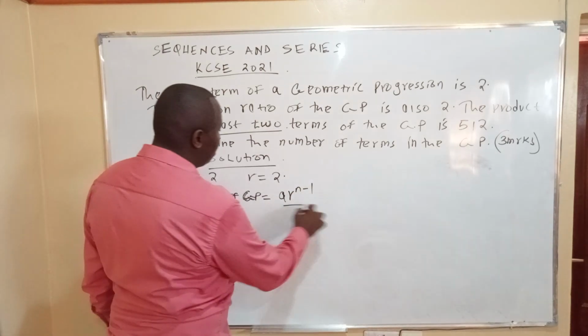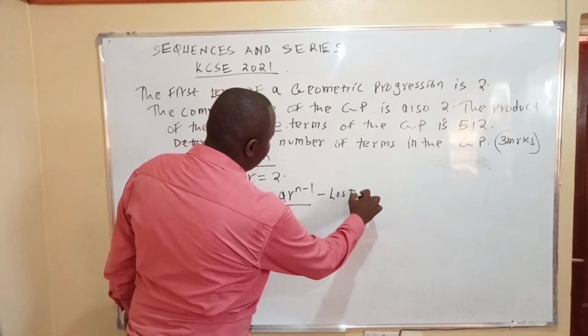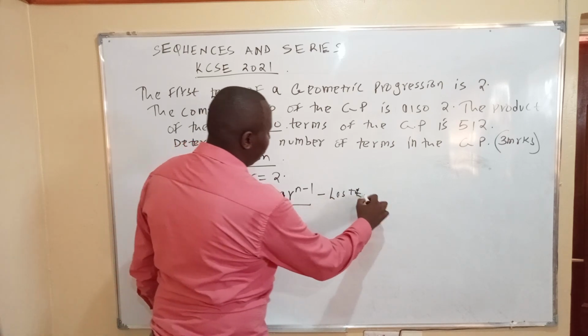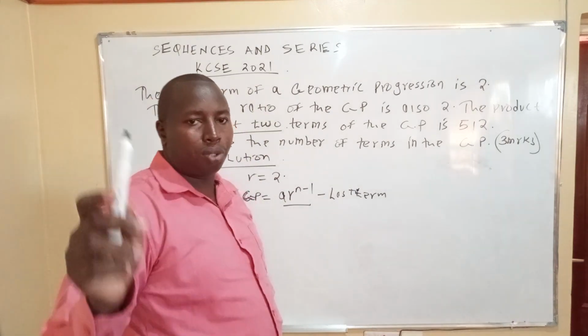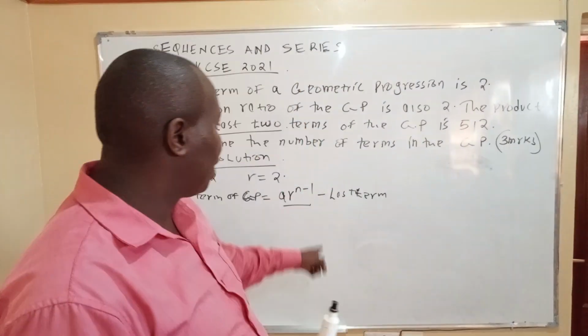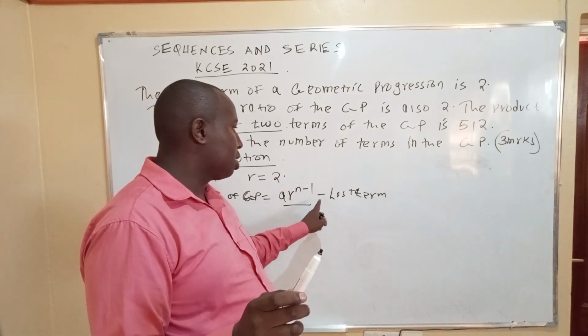The nth term, in this case, is the last term. So when the examiner is talking of the product of the last two terms, the last term is A R to power n minus 1. The second last term will be A R to power n minus 2, because the last term is A R to power n minus 1.